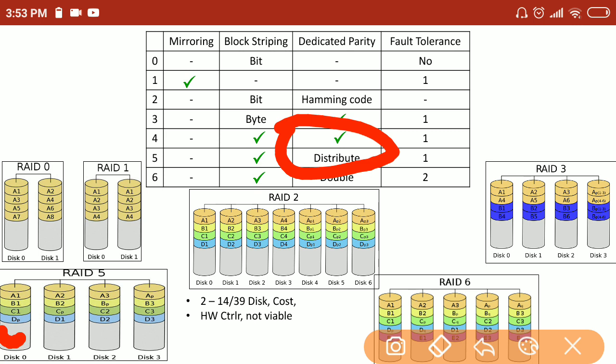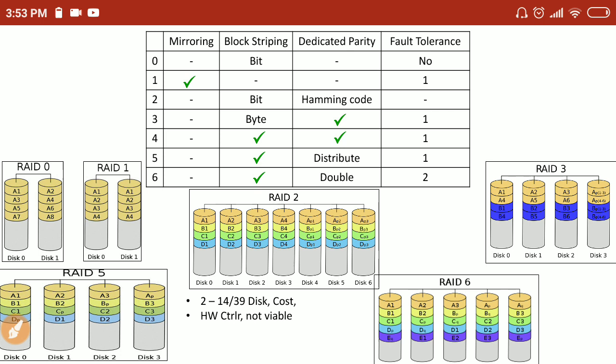So D data is on other drives, but its parity information is on another drive, so that in case of a fault of a single drive you can reconstruct its data using the parity information which is on a separate drive. So the parity information of each data is spread on different drives.